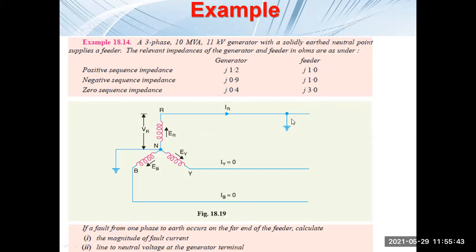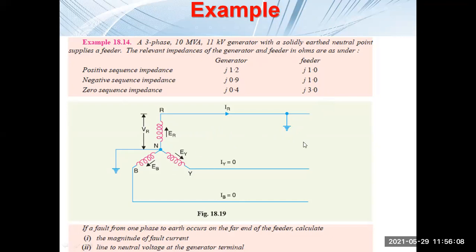So a fault has occurred in the R phase. We need to calculate the fault current and the line to neutral voltages at the generator terminal. Line to neutral voltages are basically phase voltages, so we need to calculate all phase voltages, that is VR, Vy, and Vb.